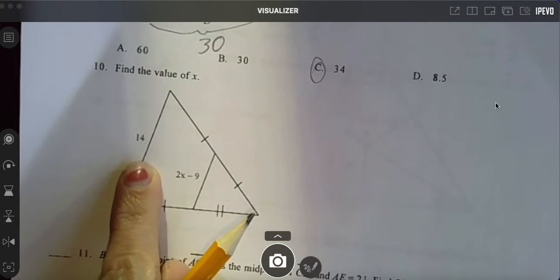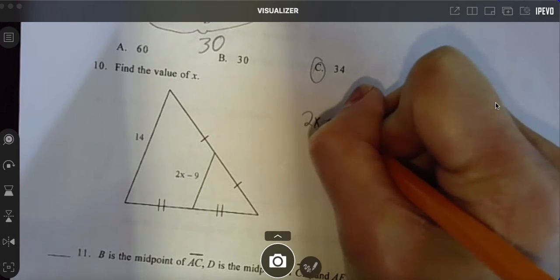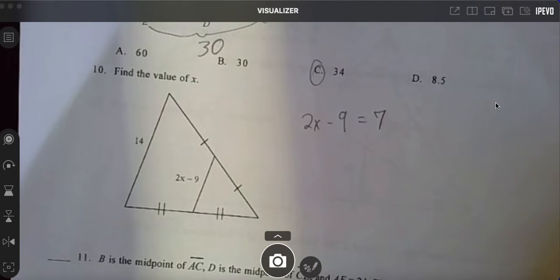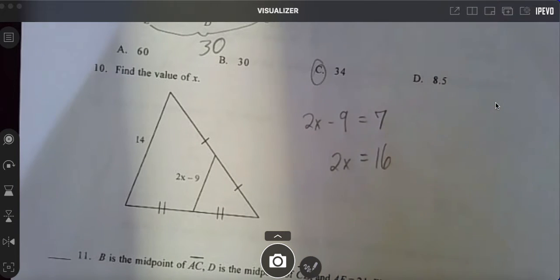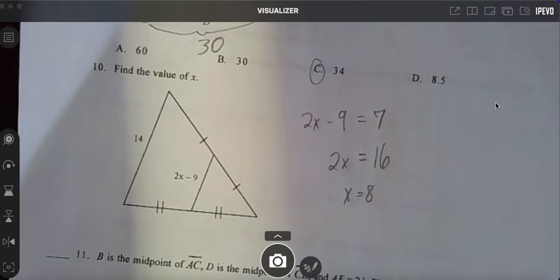This is actually half of that big number. So it's 7. So I would write 2x minus 9 equals 7. Then what would I do? I would add 9. And I get 16. And then what? Divide by 2. So x is 8. And that's my answer on that one.